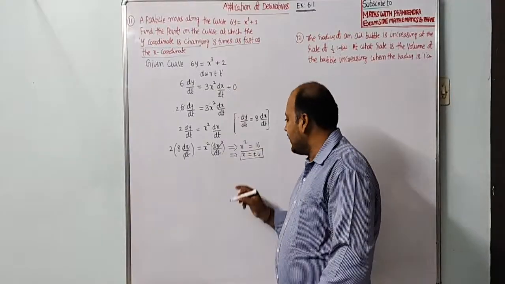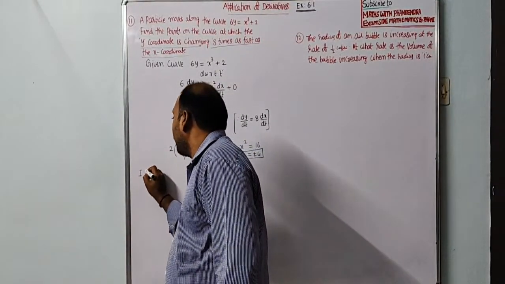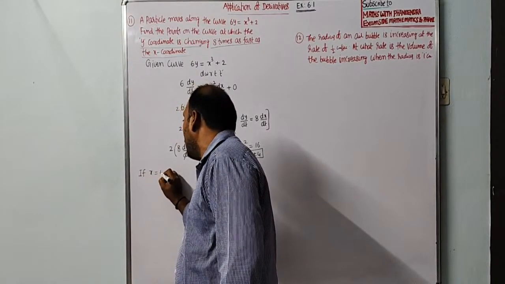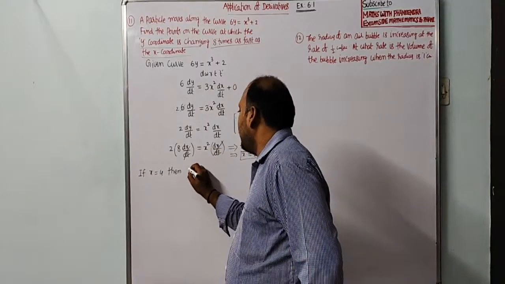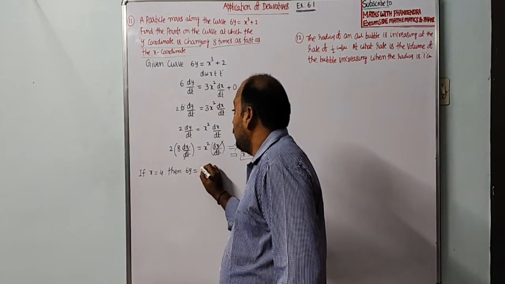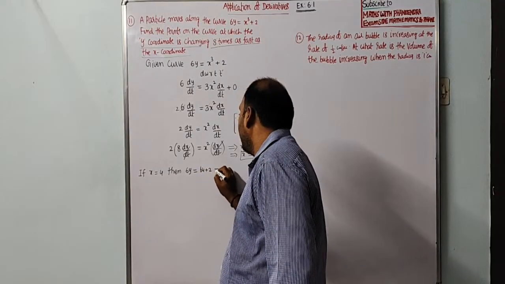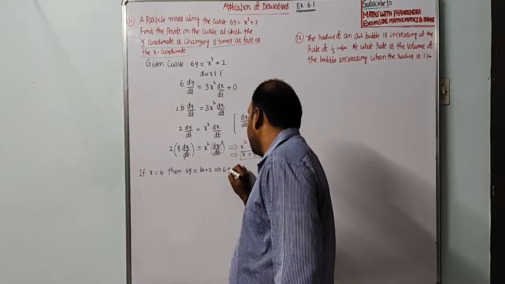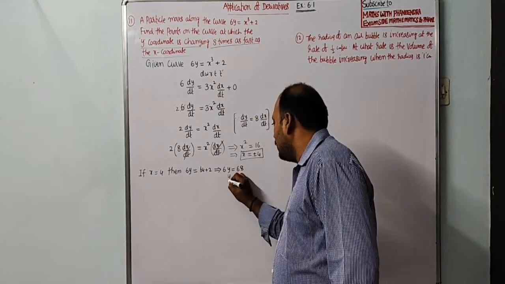If you substitute x is equal to plus 4, case 1. If x is equal to 4, then 6y equal to 4 cube means 64 plus 2.